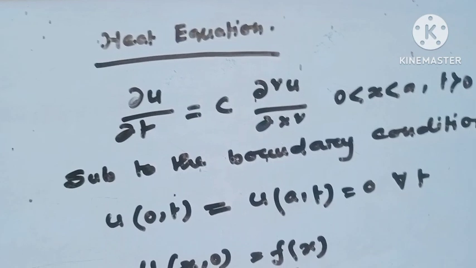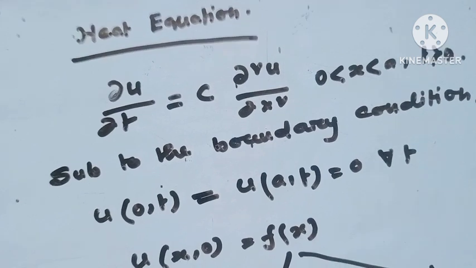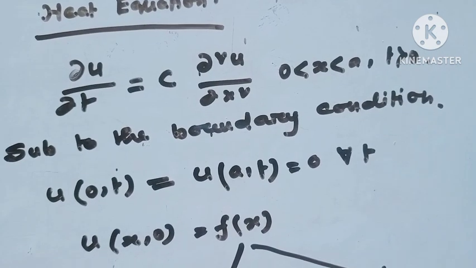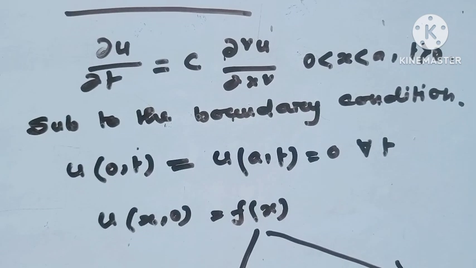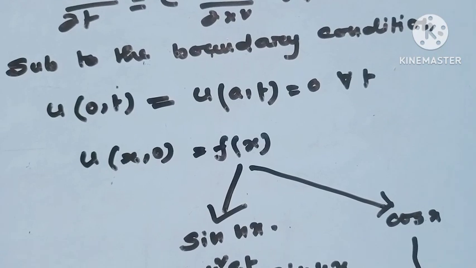All of us know the heat equation is ∂u/∂t = c ∂²u/∂x², when 0 < x < a and t > 0, subject to the boundary condition u(0,t) = u(a,t) = 0. This is true for all t, and u(x,0) = f(x).